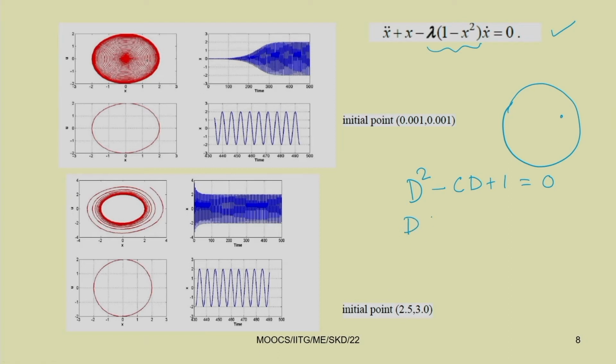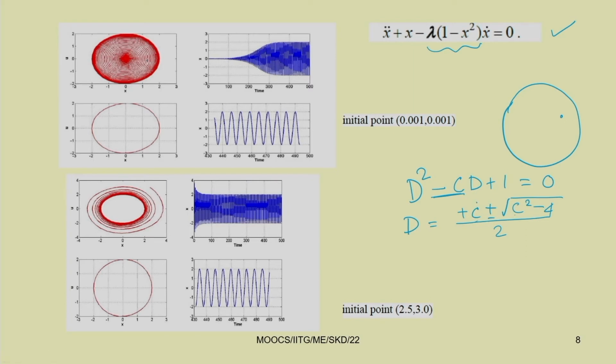The root will be d equal to minus b, that is plus c, plus minus root over b square minus 4ac, where b square becomes c square minus 4, divided by 2. If c square is greater than 4, then we have real roots. One will be c plus root over c square minus 4, another will be c minus root over c square minus 4.